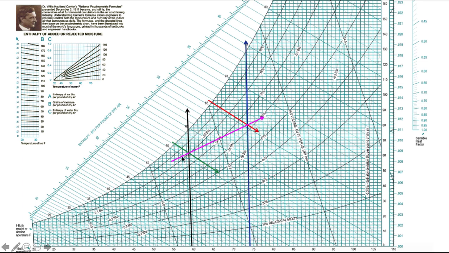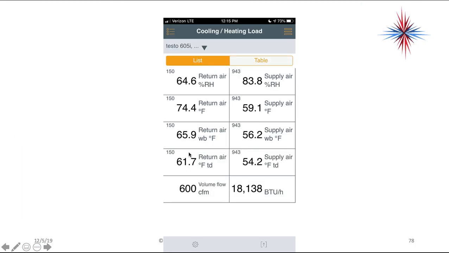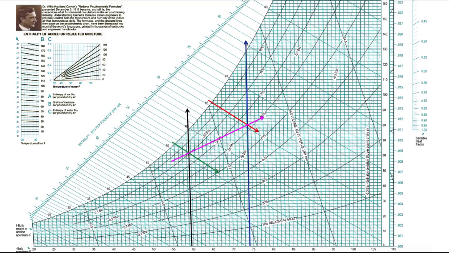We're cooling, so my supply air is 59 point something dry bulb and 56 point something wet bulb. Let's see what the point something is. Yeah, 59.1 and 56.2. Where those 2 points cross is the plot point of my supply air.